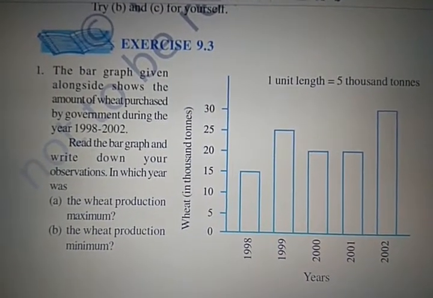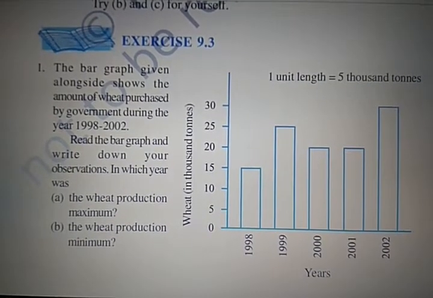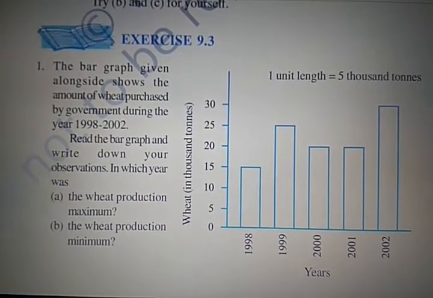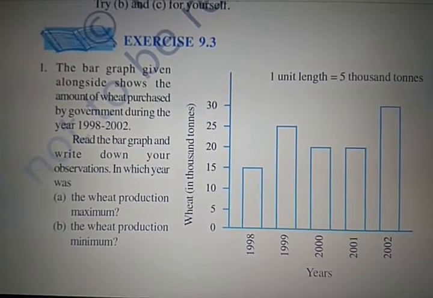The first answer is 30,000 tons. The wheat production minimum is in 1998, 15,000 tons.